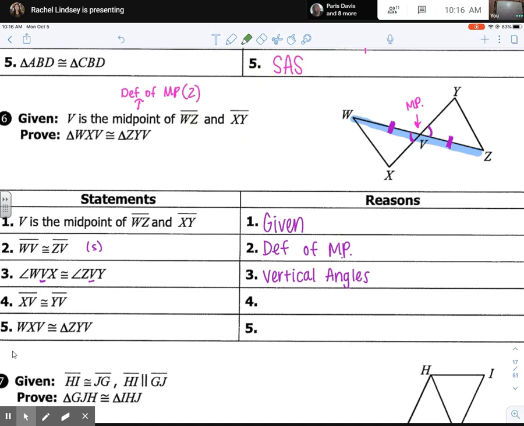And then going back to what I knew about midpoint, V was the midpoint of XY. So that's XV is congruent to YV. How would I know that? Definition of midpoint. So I use definition of midpoint twice, like I said I would.